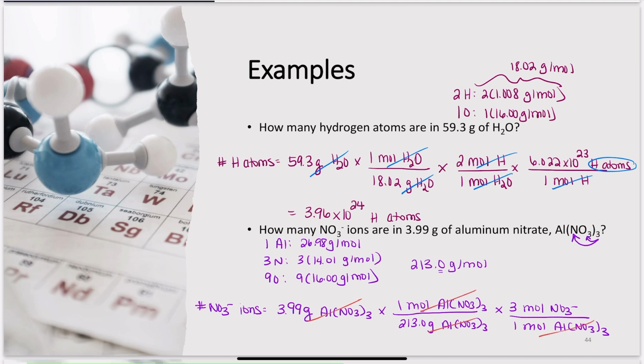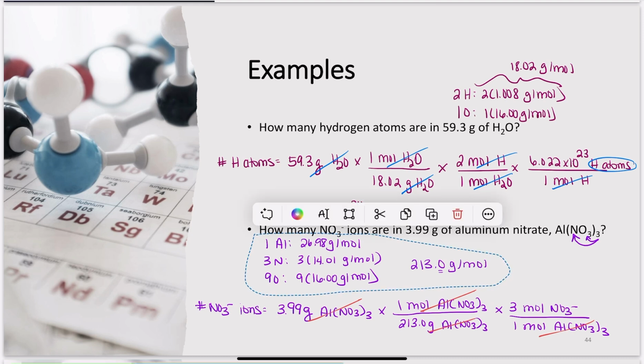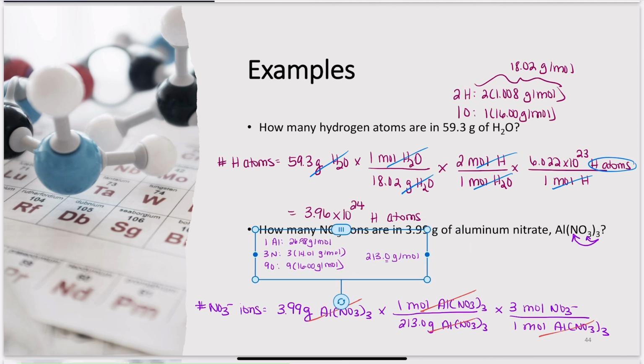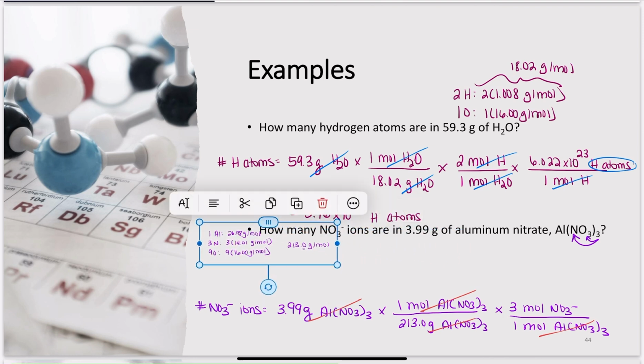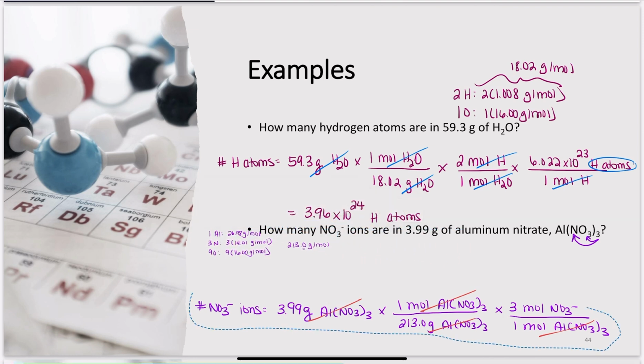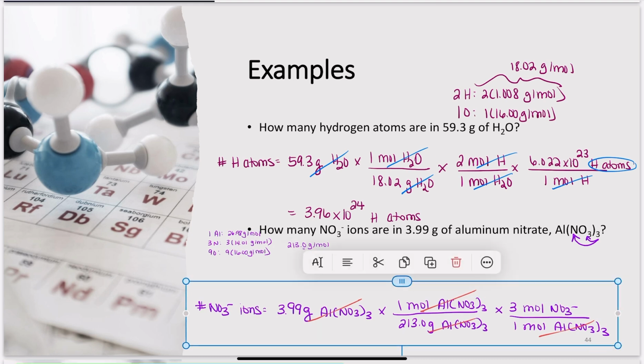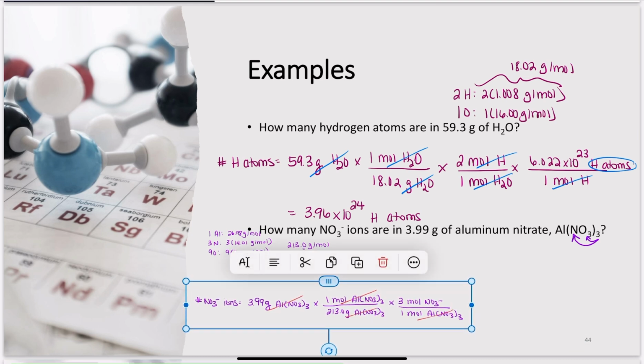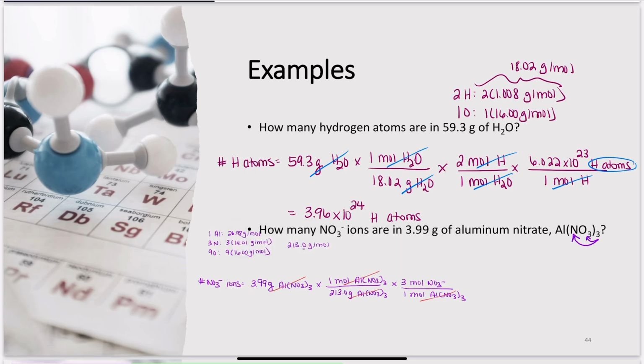Now I'm definitely going to run out of room here, so let me shrink some stuff. Now that I'm in moles of nitrate specifically, I can use Avogadro's number, 6.022 times 10 to the 23rd.